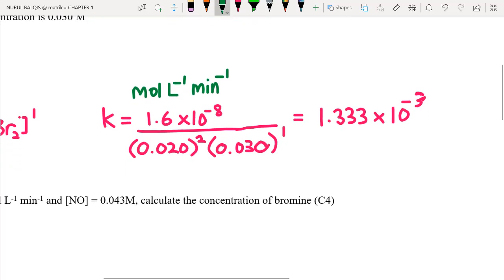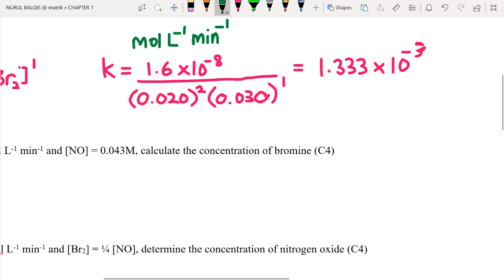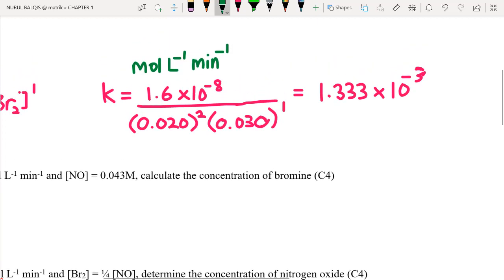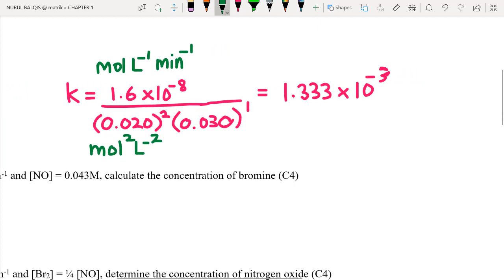And then we go to our 0.020. Initially we have mole per liter, but then we have the power of 2. It means that mole will become mole squared and per liter will become per liter squared. And then we have another concentration here, which is mole per liter.